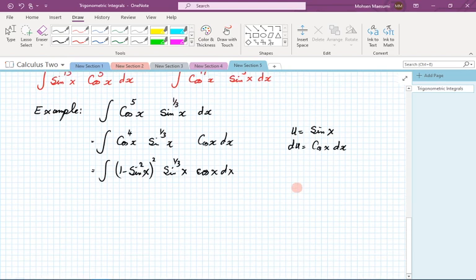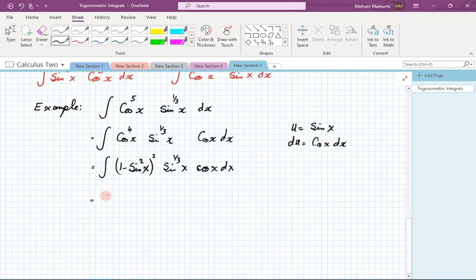So now I go ahead and make my substitution. This becomes 1 minus u squared, squared. This is u to the power of 1/3, and all of that becomes du. So now I can open this up, it becomes 1 minus 2u squared plus u to the 4th, times u to the power of 1/3 du.